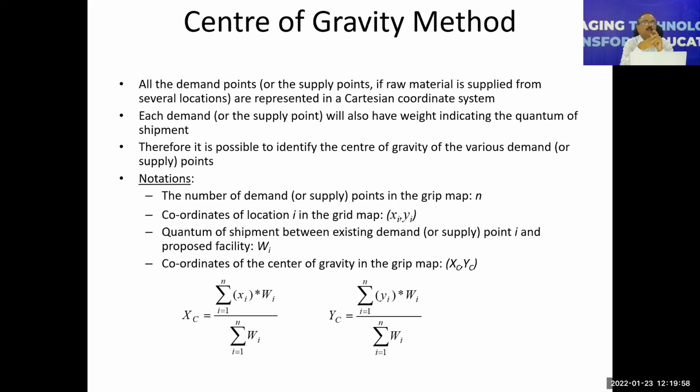So let's say we are locating different warehouses, and for each warehouse there is a demand in terms of the material movement. So each location will have certain demand, certain load that the particular facility has to serve, and based on that weight or load, we can identify where the single facility can be located based on the center of gravity of the other locations.